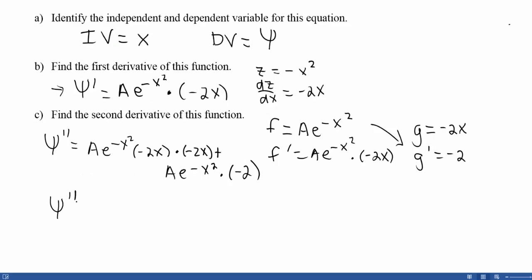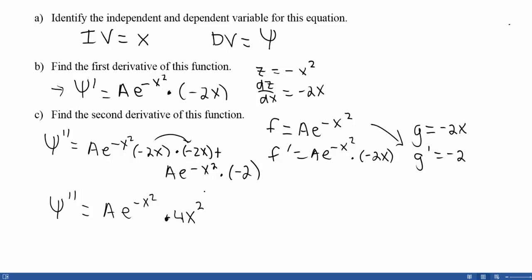From the first term, notice I have a negative 2x times a negative 2x. So I can combine those, and that will simplify into 4x squared. So a e to the negative x squared times 4x squared.